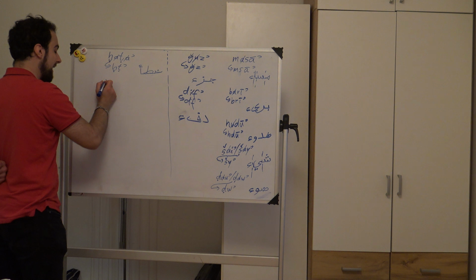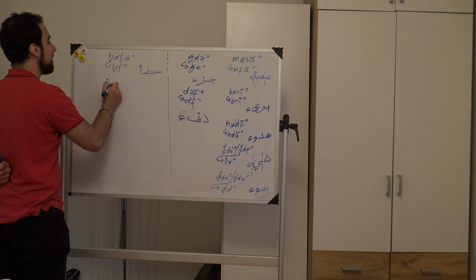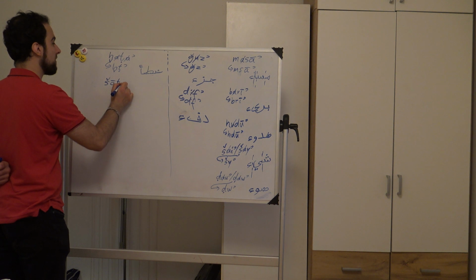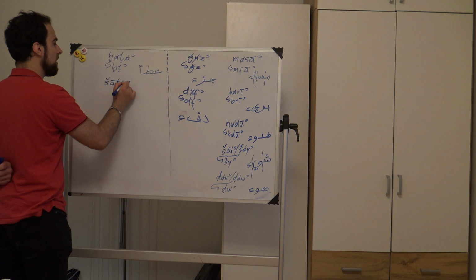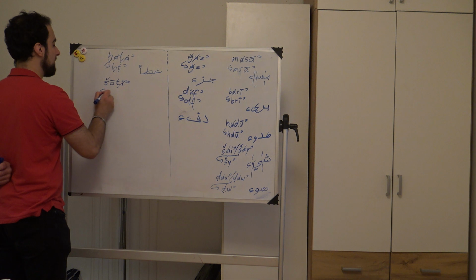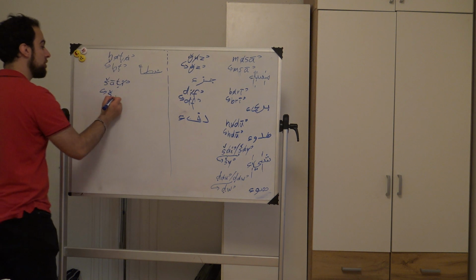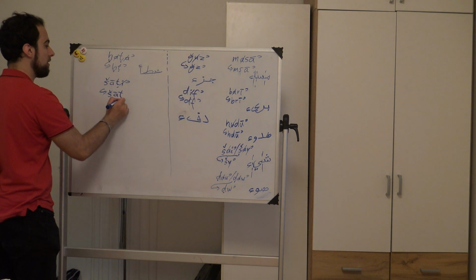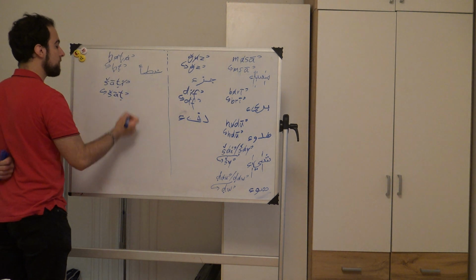Then khata, then we have shati, which means beach, coast maybe. Let's cut off the short E, then we have the formula sh, long A, t, Hamza.